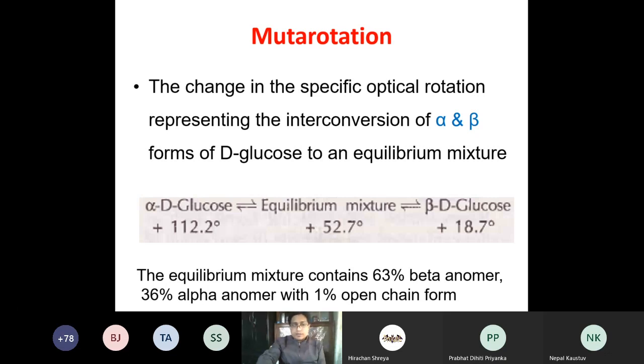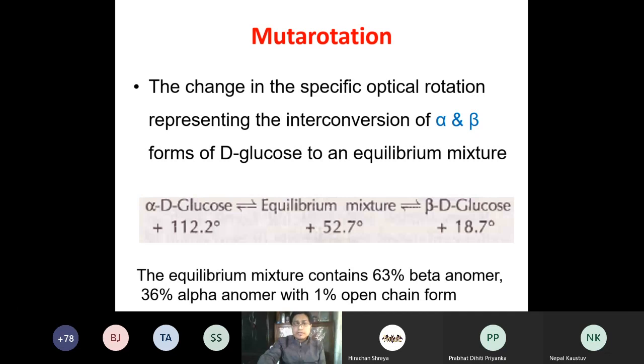In reality, the equilibrium mixture contains 63% of beta form, only 36% of alpha, and less than 1% in the open chain form and furanose form. Glucose is almost always in pyranose structure, and less than 1% in the case of open chain and furanose ring.